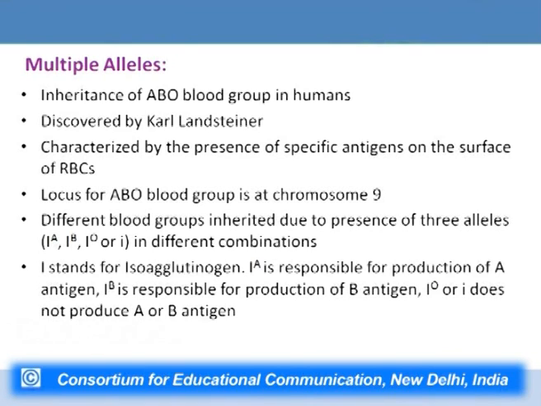Different blood groups are inherited due to presence of 3 alleles, namely IA, IB, IO, which can also be named as small i, in different combinations. I stands for isoagglutinogen. IA is responsible for production of A antigen. IB is responsible for production of B antigen, whereas IO or i does not produce A or B antigen. That means whenever an individual has double copy of IO or i, he or she will not be producing either of the A or B antigen.